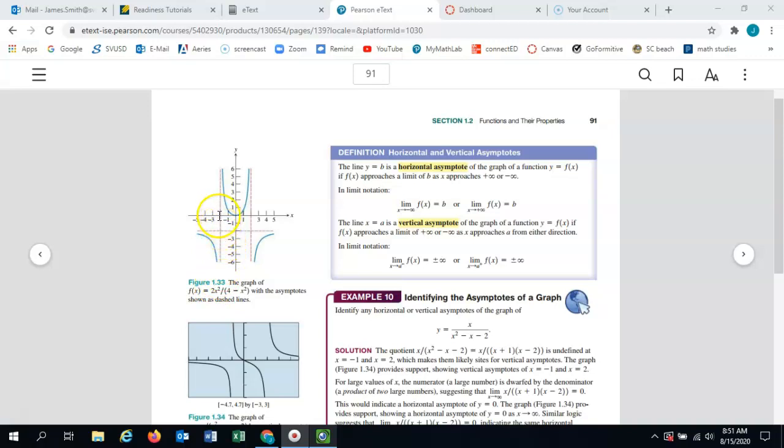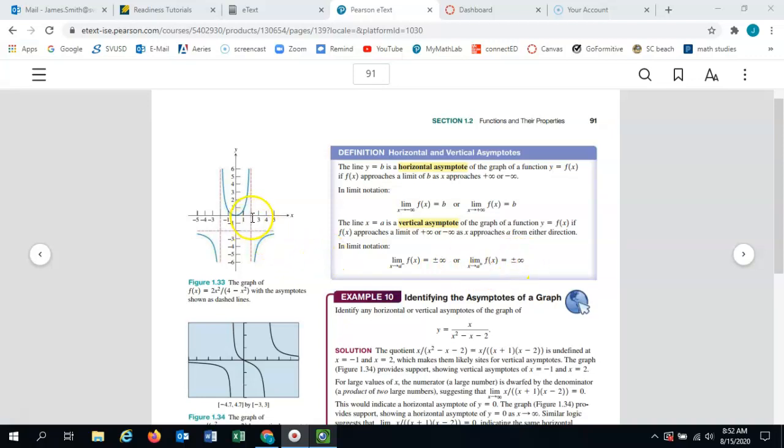As I approach that same a value from the right side of it, my graph is approaching positive infinity, right? And so that's what this is saying, as I approach a from the left, my function is approaching negative infinity, sorry. So again, as I approach it from the right, I can approach either positive or negative infinity.